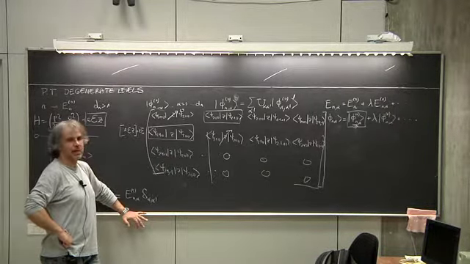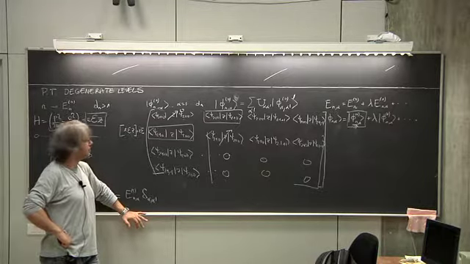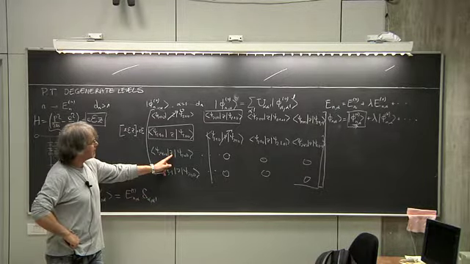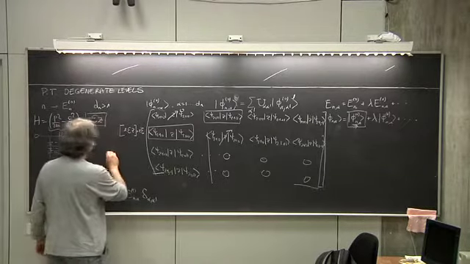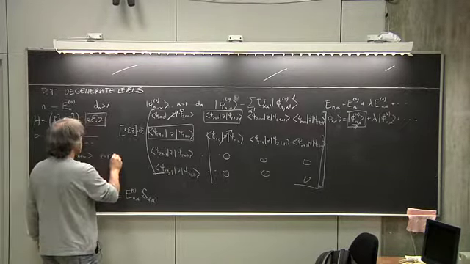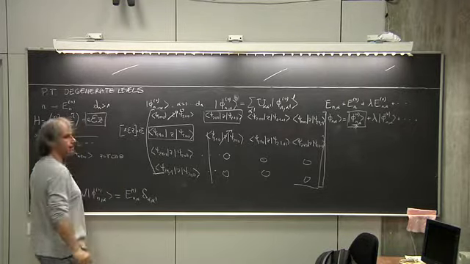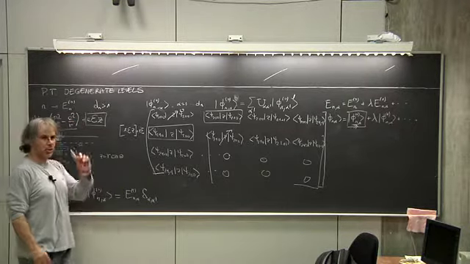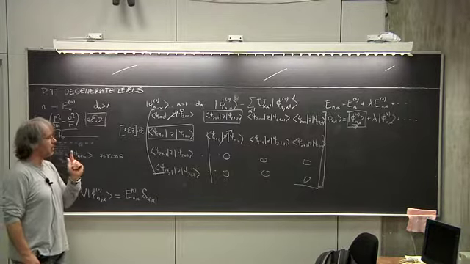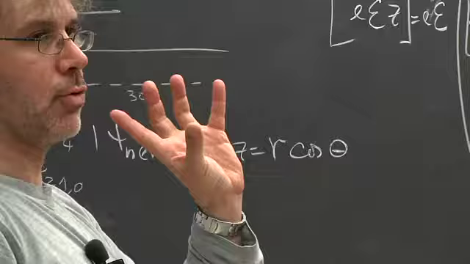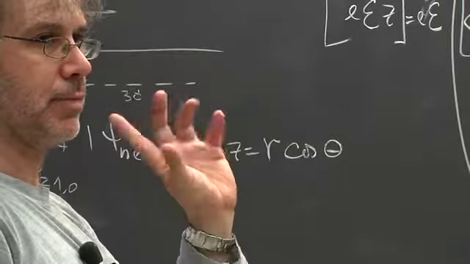But here, angular momentum is important. You realize that Z is what? Z is R times the cos of theta. There is no phi dependence. And therefore, this is invariant by rotation around the z-axis.